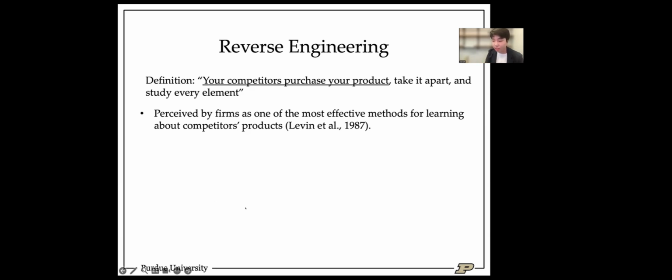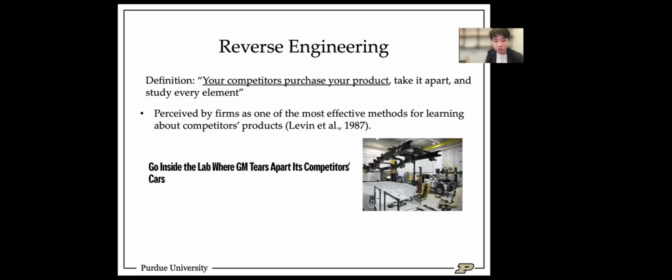products. To give you an example of what we're studying in this big concept of reverse engineering, there's one example that we want to mention here, which is the General Motors teardown lab. You can see in this example that car companies tear apart their competitors' cars in order to understand the specific innovation procedures that their competitors are going through.